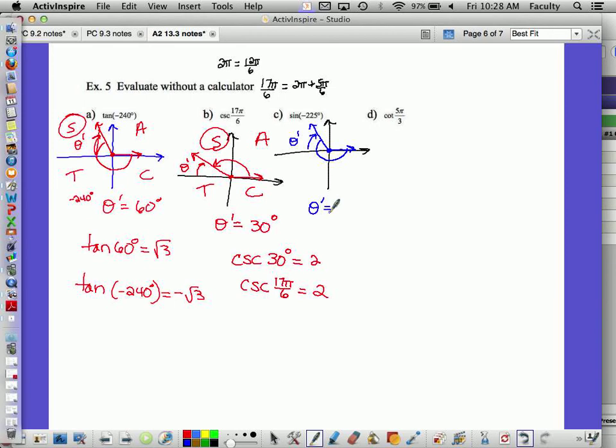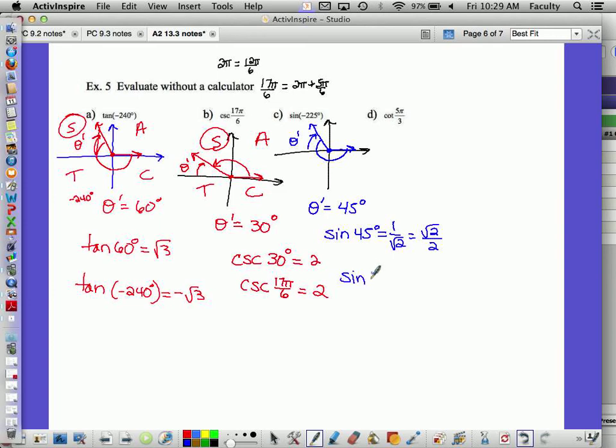So how far away is that? 45, right? 180 to 225 is 45 degrees. So now we're going to do the sine of 45 degrees. I go to my 45-45 right triangle. Sine is opposite over hypotenuse, so it's 1 over radical 2, which is radical 2 over 2.